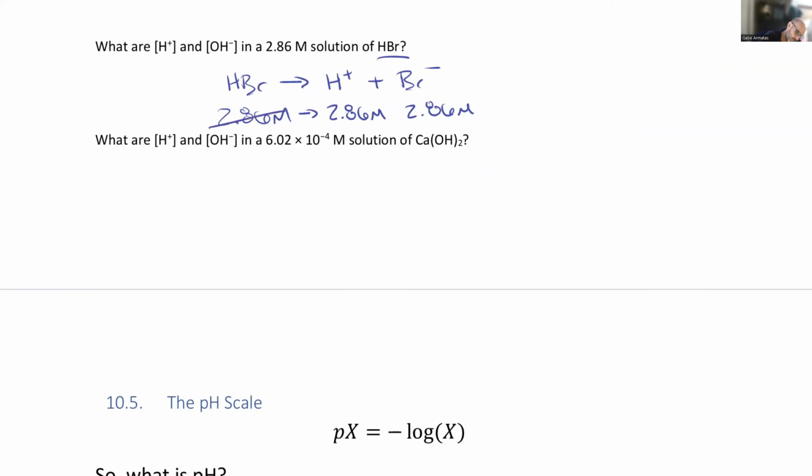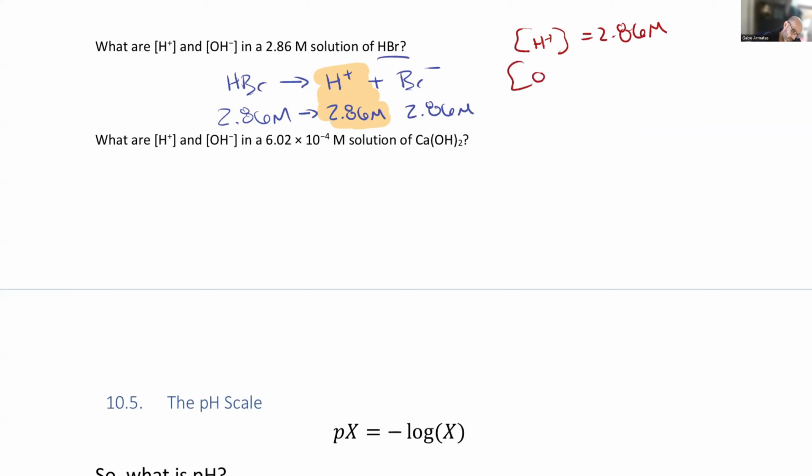Once those all dissociate, I have 0 of that left. But I really just want to focus on the concentration of my H plus in solution. Well, the concentration of H plus is actually equal to 2.86 molar. That's it. Problem solved for the H plus.